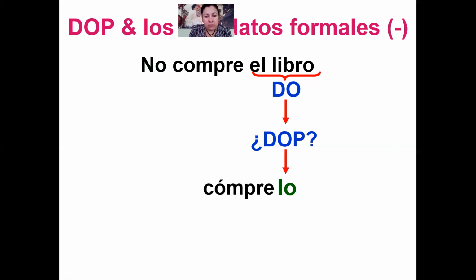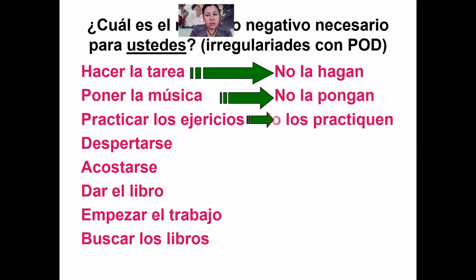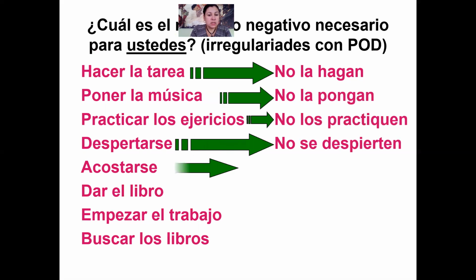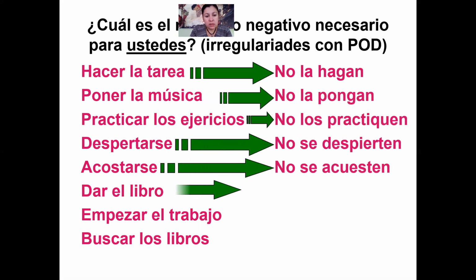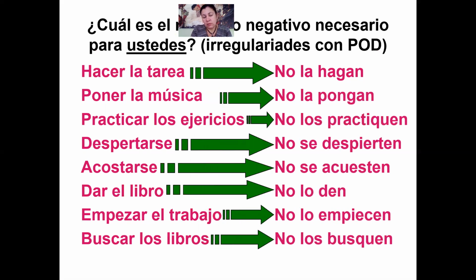So that's the affirmative, but the negative will be no lo compre. This is the option for negative formal commands: in the affirmative, attached to the command; in the negative, before the command, between no and the command. So in this case it will be no la hagan, no la pongan, no los practiquen, no se despierten, no se acuesten, no lo den, no lo empiecen, no los busquen.